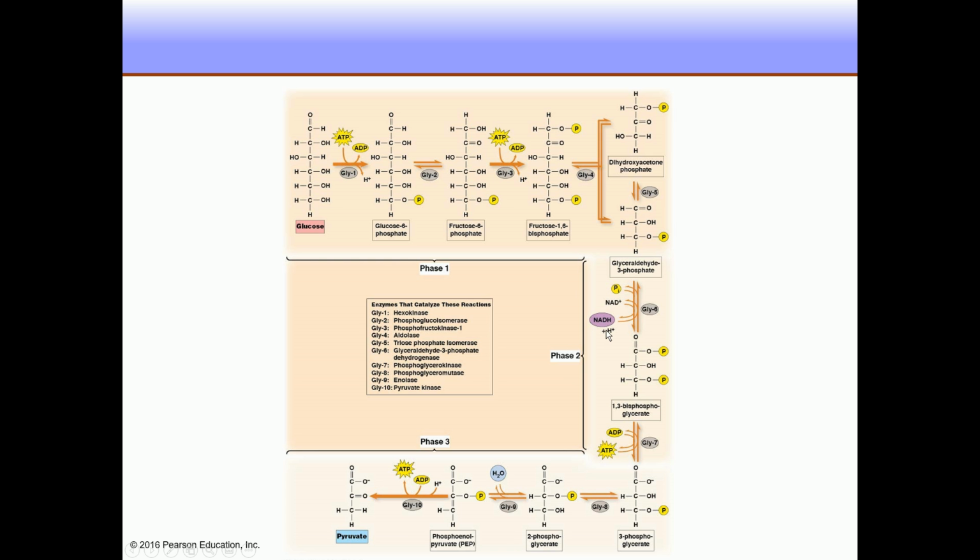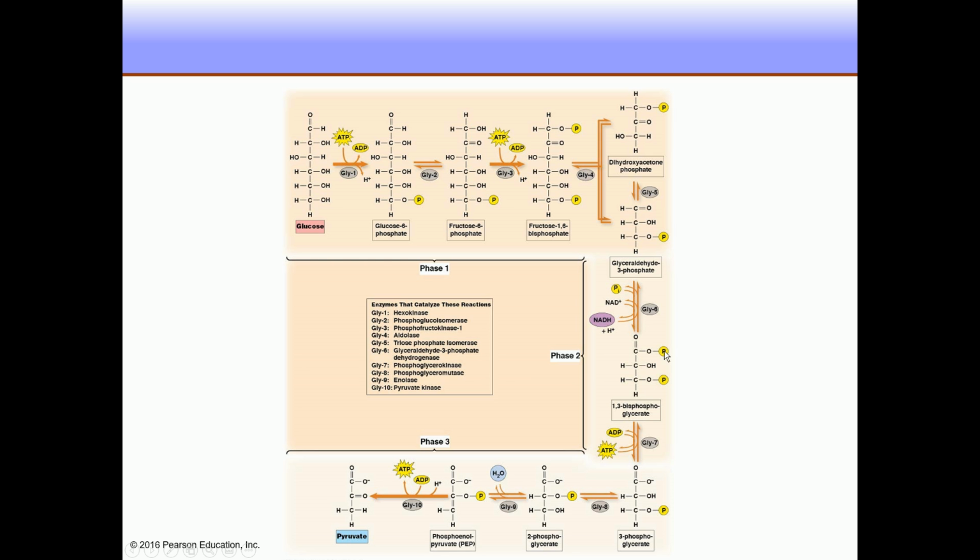This takes place with the help of an enzyme called glyceraldehyde 3-phosphate dehydrogenase. And inorganic phosphate is added, and this compound is converted into 1,3-bisphosphoglycerate, which means it has 2 phosphates.